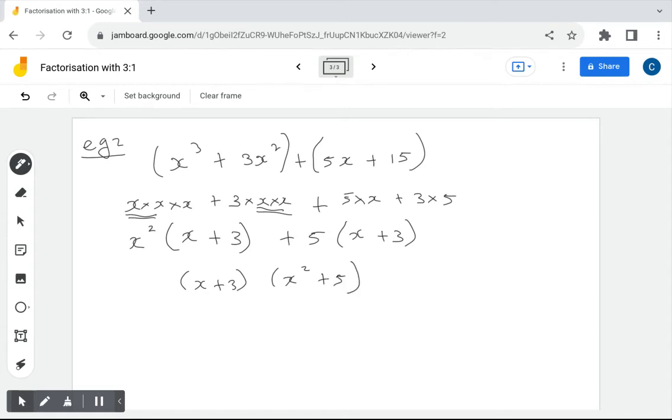So x plus 3 is a factor of the original expression, and x squared plus 5 is also a factor. When we multiply both by each other, we'll get back x cubed plus 3x squared plus 5x plus 15.